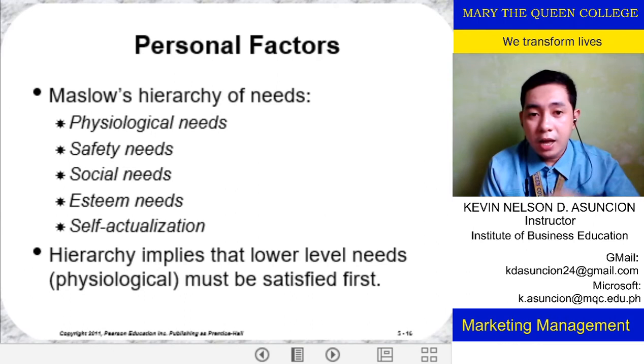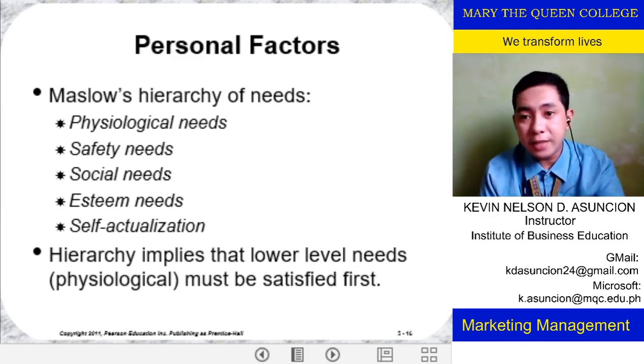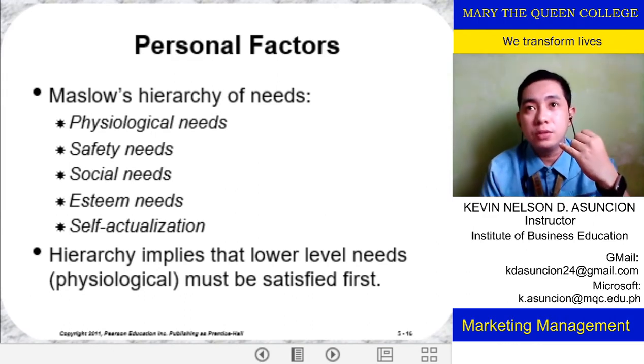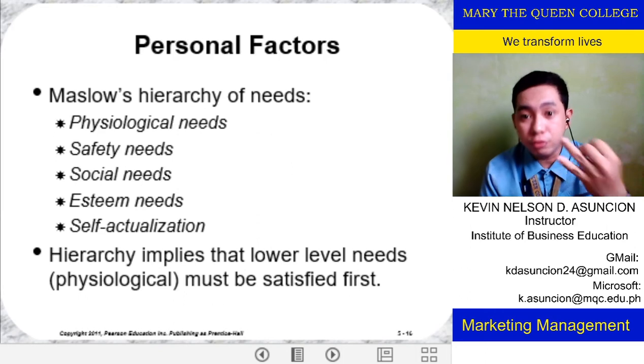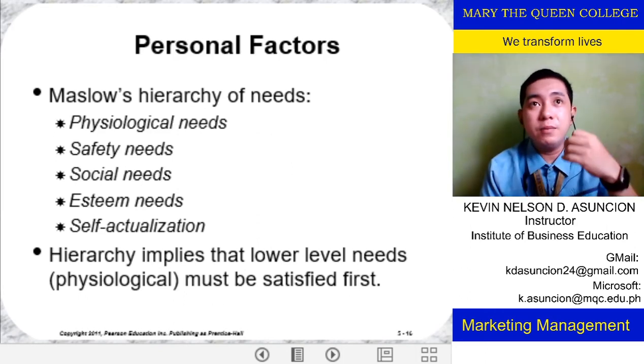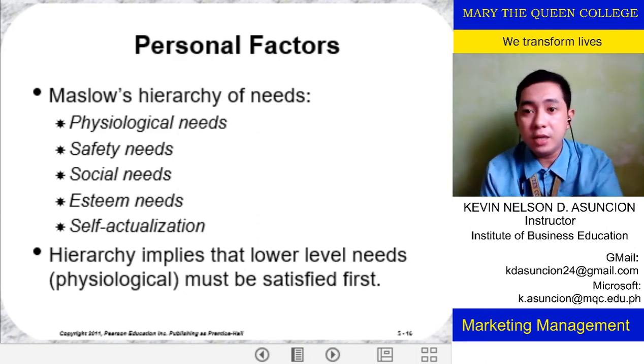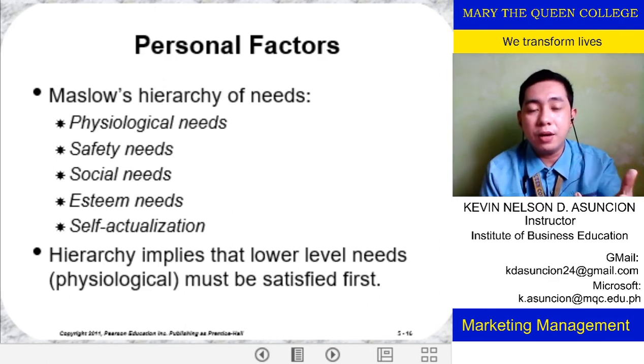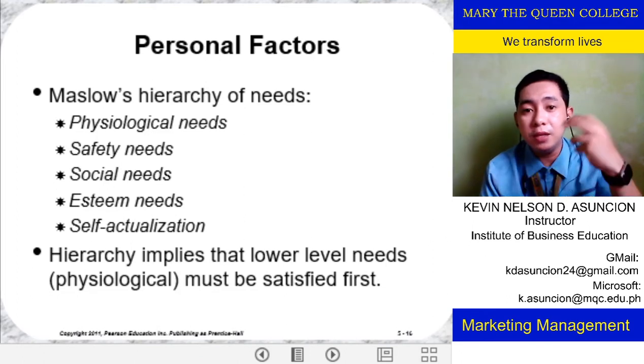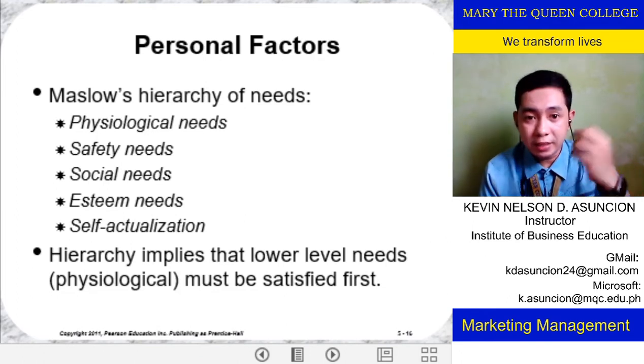No? Habang tumataas yung economic status, habang tumataas yung role mo at saka yung status mo, no? Habang nag-iiba yung occupation mo and the income as well, no? And also nag-iiba yung group of people that you are dealing with, nag-iiba din yung needs, o tumataas din yung needs.